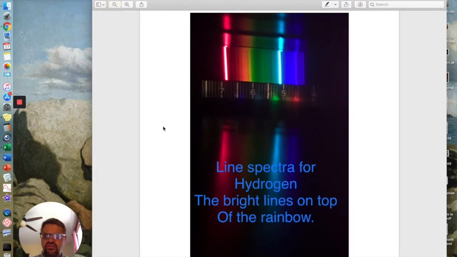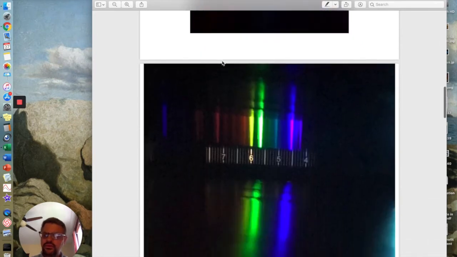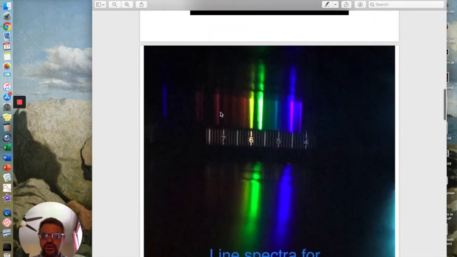So for instance, hydrogen gives off this line, and these two lines of color. Those specific visible wavelengths, visible colors, tell you about the electrons in hydrogen, and these are unique to hydrogen. Here's mercury. You have some lines here, a couple here, some right here.